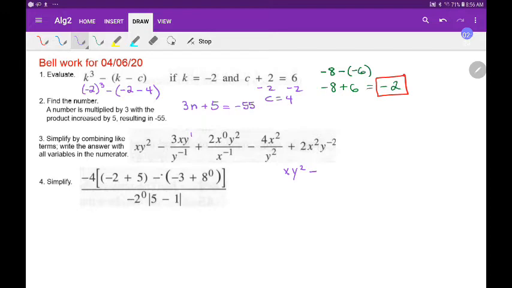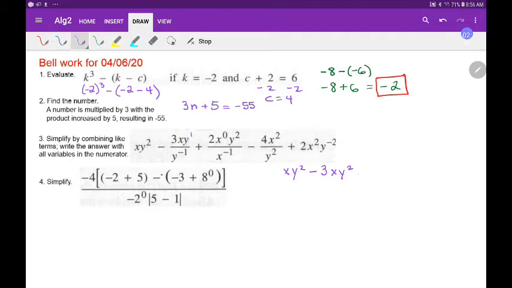If you take away a negative, that's double negative. So we're actually going to add that one. So we're going to say 3x. Why are we taking away? Well, we're taking away because y to the -1 is on the bottom. So we're going to subtract that exponent.